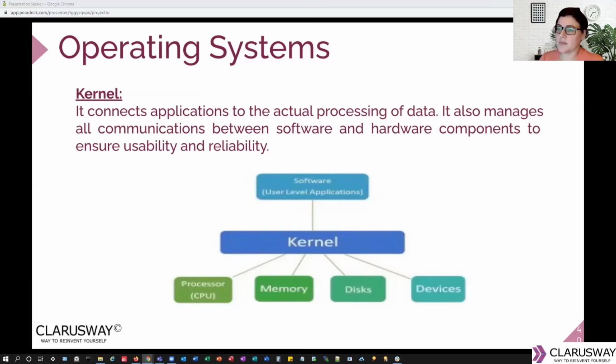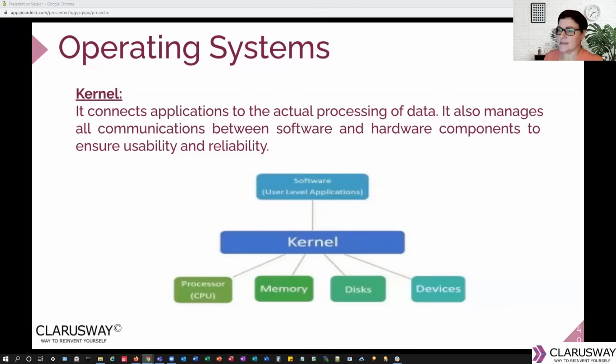Obviously, software and hardware components. So when you click your mouse, how does the system interpret that mouse click? And how is that instruction sent to a piece of software that needs to know that you clicked your mouse? So the kernel is controlling all of those different facets of the computer.